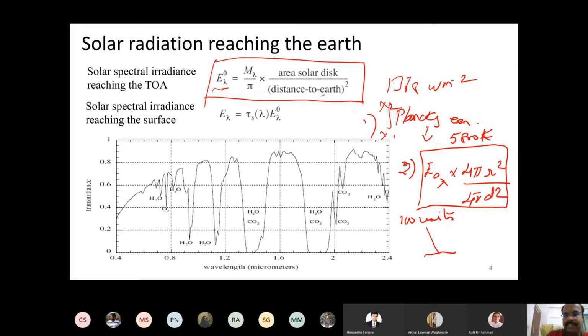So what fraction of energy is actually reaching the surface? We call that the transmissivity of the atmosphere, tau s lambda. So I just erase these parts. Yes, tau s is nothing but the transmissivity.